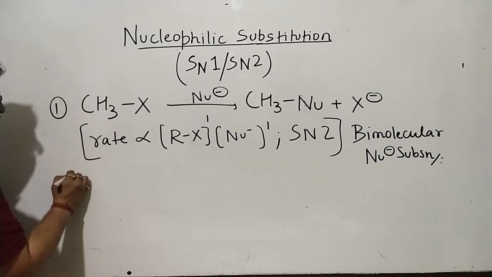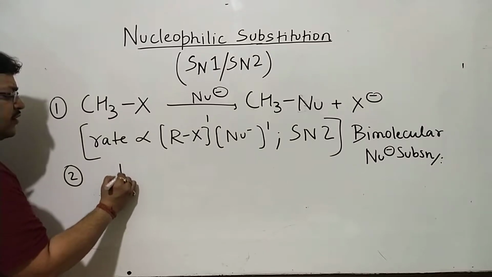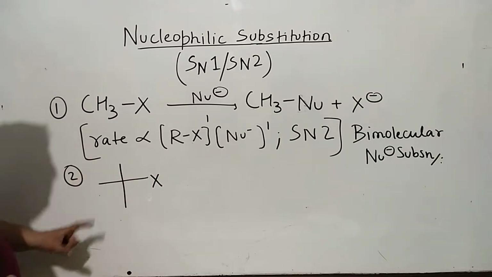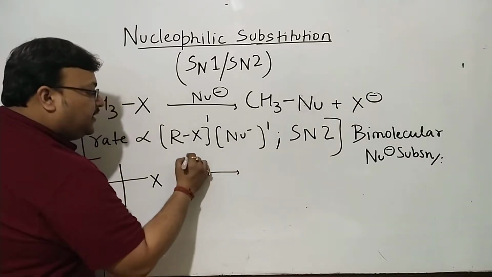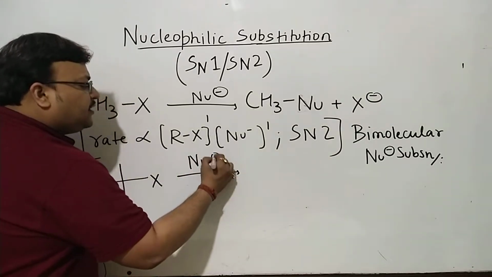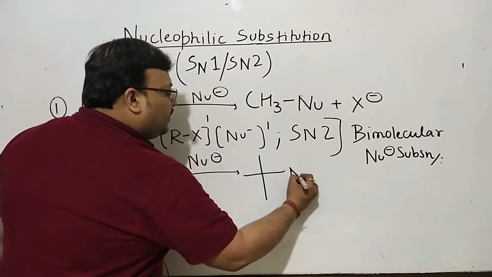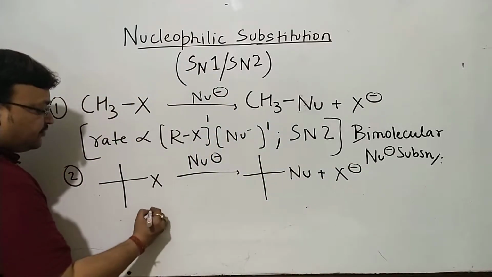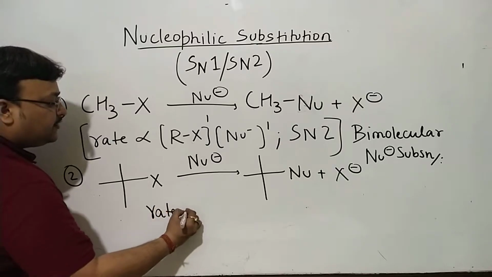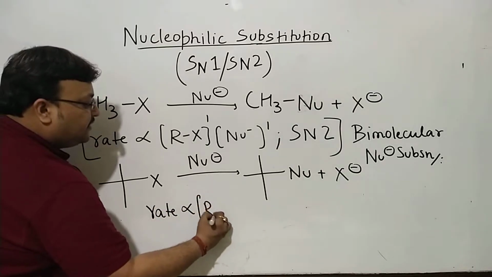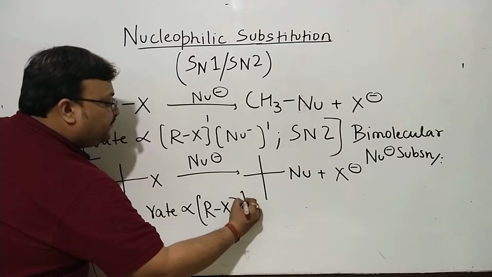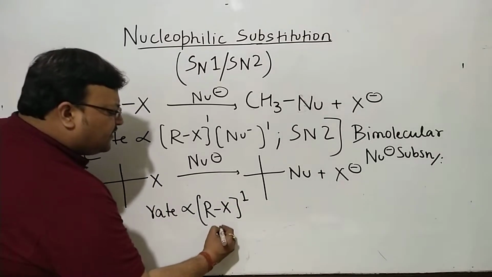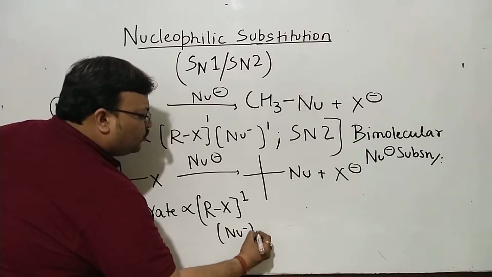Another situation could be when you have a tertiary halide, and this tertiary halide with a nucleophile is giving you a product. Now this time the rate kinetics would suggest that the rate is proportional to the concentration of the halide only.